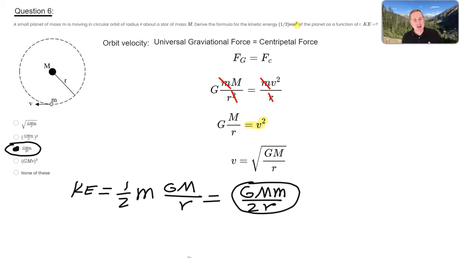So the kinetic energy, it turns out, is actually half of the magnitude of the universal gravitational potential energy. Now that's kind of a mouthful, but hopefully you recall the universal gravitational potential energy would be negative G capital M lowercase m just over r. Not over r squared, just over r. And if you remember, it's negative because it's bound.